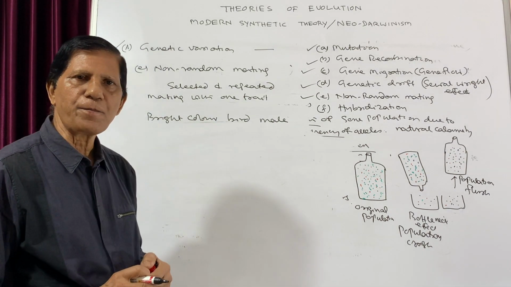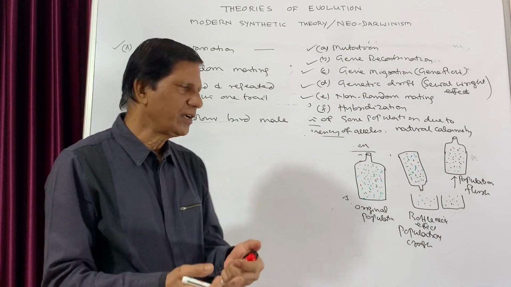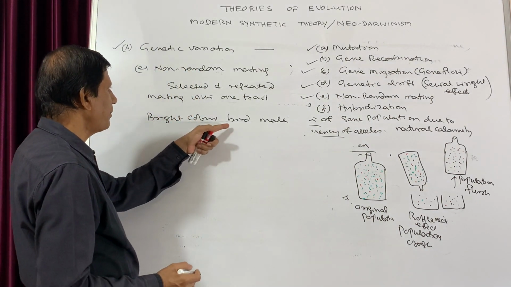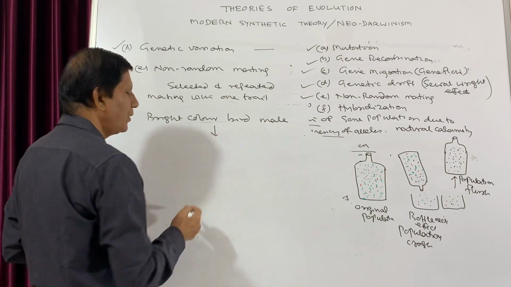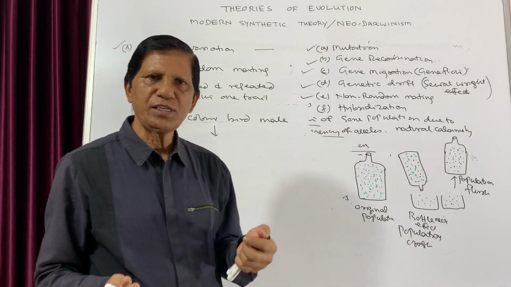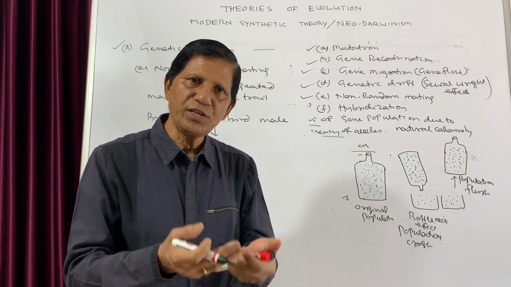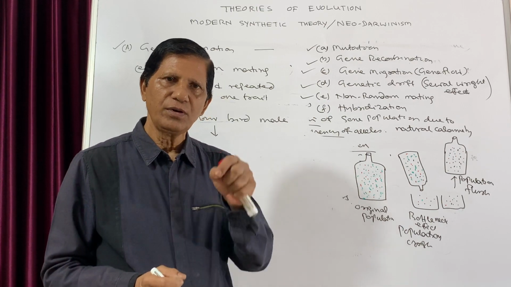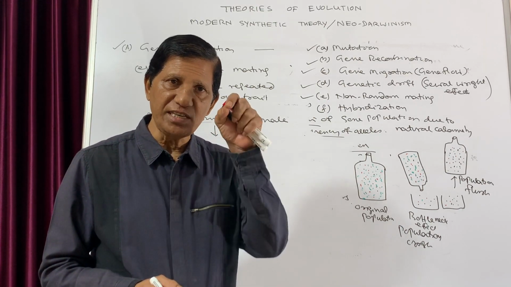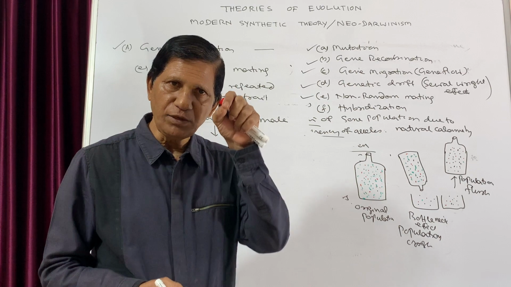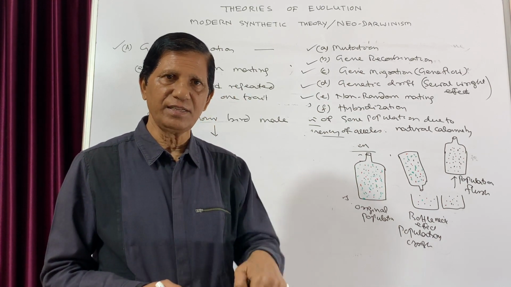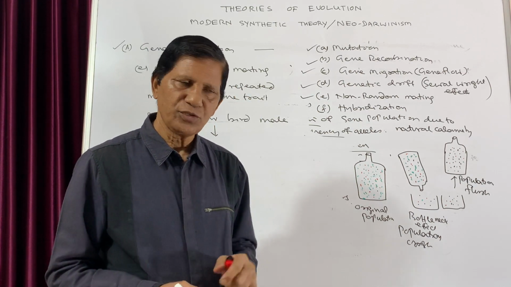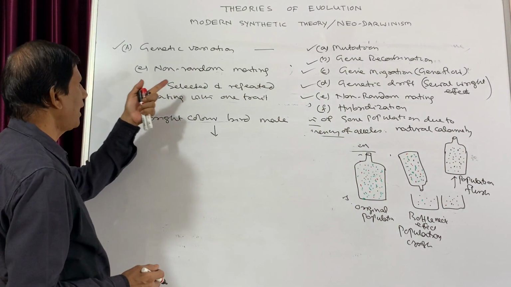So what will happen? After a few generations, the bright colored bird genes will dominate. That means the original allelic frequency will change due to non-random mating. That means the mating is taking place with a particular selected trait. So this is known as non-random mating.